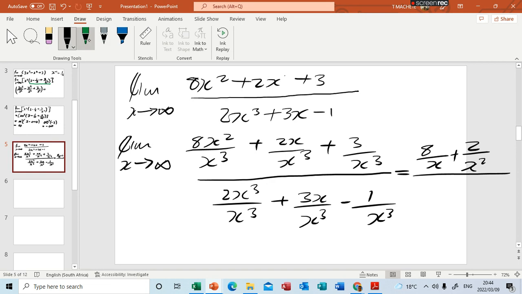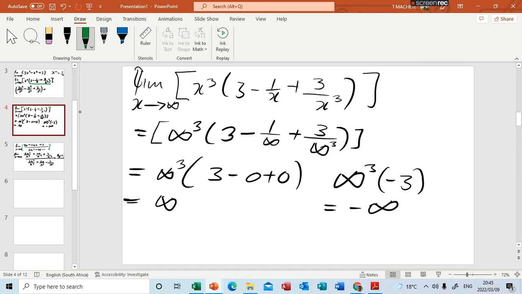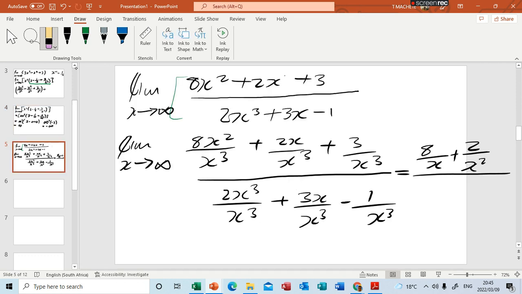For this one, just because you are dividing, you divide with your highest power. For this one, just because it was a standard form, you take out your common factor, you multiply with your common factor. I don't know if you guys hear what I'm saying. I'm just trying to make it easier for you guys.